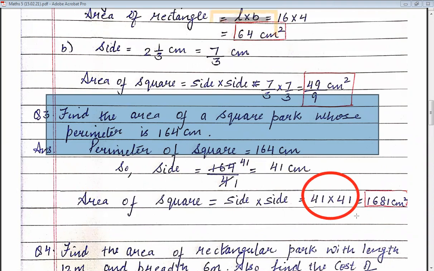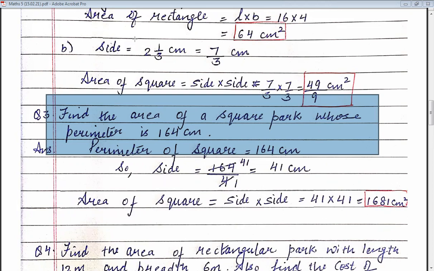So after multiplying 41 into 41, you will get 1681 centimeter square. Okay, so now children, in this question, from perimeter we got the value of side, and after calculating side we got the value of area. I hope children you are clear with question number 3 also.